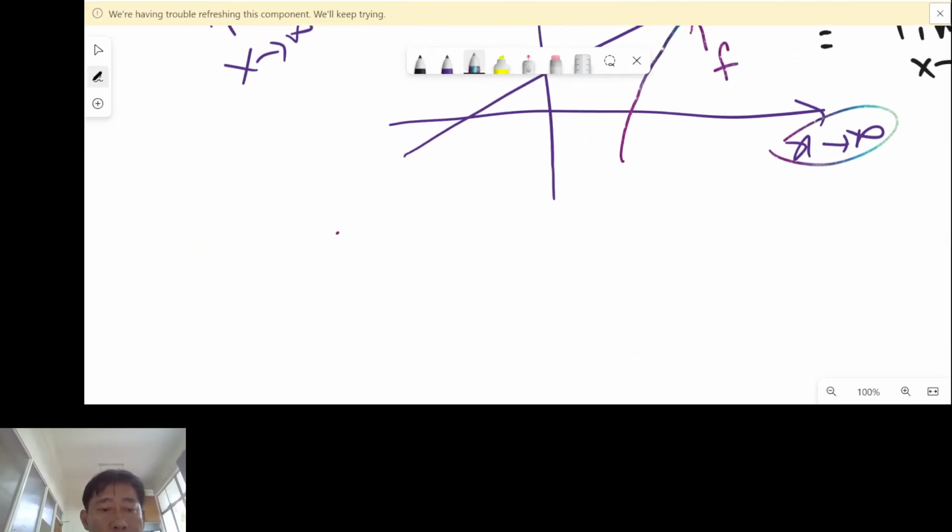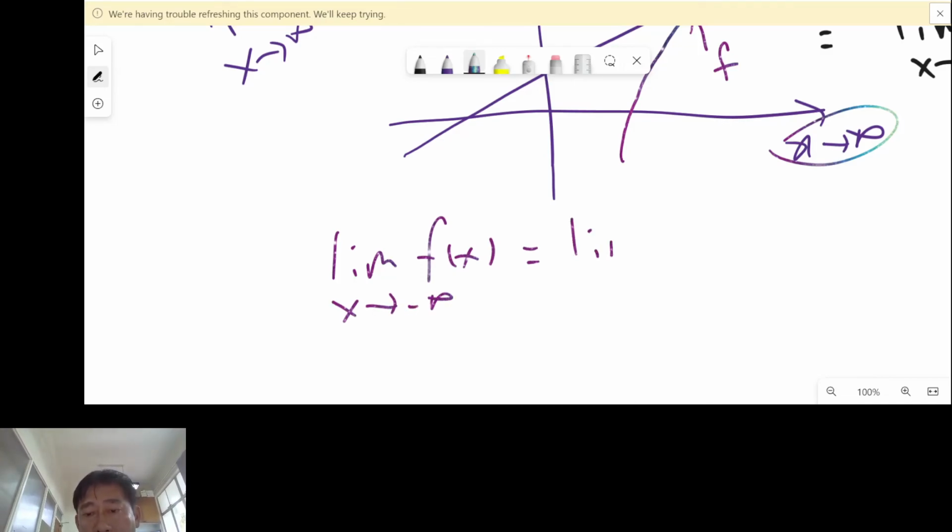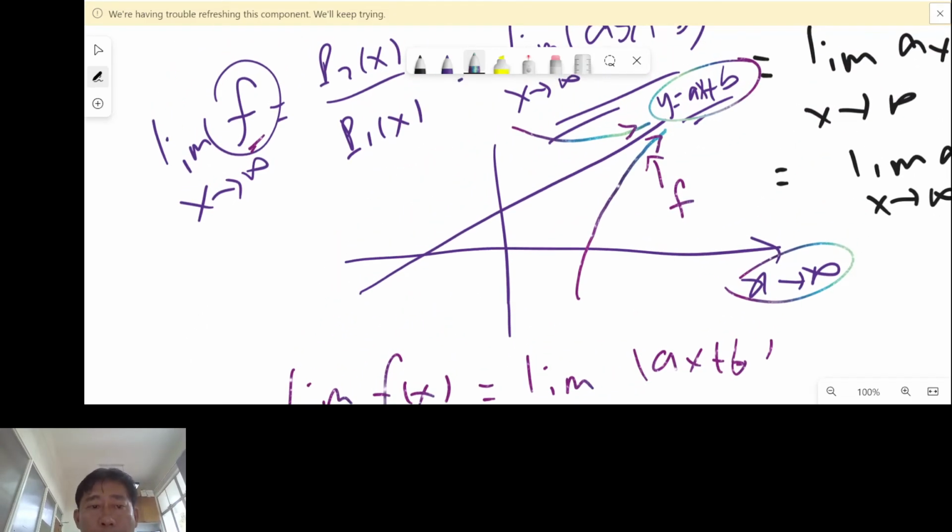Now it is also possible to work out the oblique asymptote when x tends towards minus infinity. That will also give you the same values of ax plus b. So the oblique asymptote will always be the same for the function, whether x is going in the positive or the negative direction.